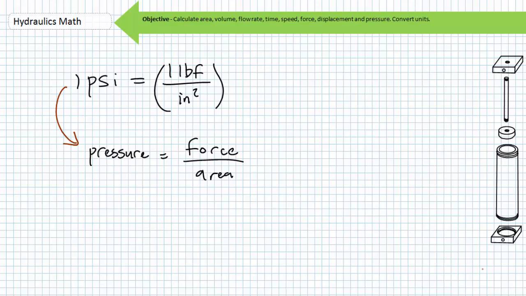If pressure is defined as units of PSI, or pounds force per square inch, or more generally, force per unit area, a simple rearrangement of these concepts tells us that force is units of pressure times units of area. Larger pressure, same area, means more force. Smaller pressure, same area, means less force.